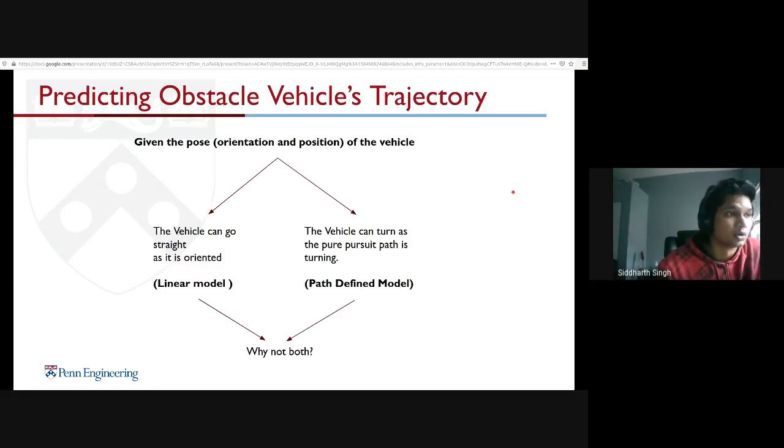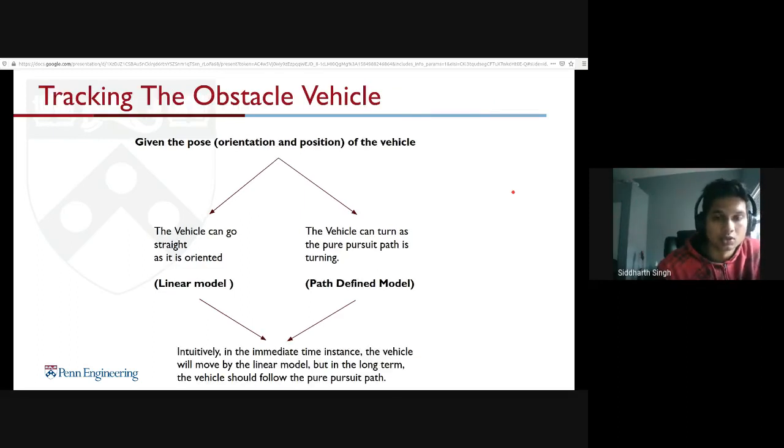So a good way to do this was to understand how a vehicle in all probability would behave. Intuitively, if you think about it, in the current time instance, the vehicle more often than not would move according to the linear model, but in all possibility, it would try and follow the pure pursuit path as time evolves, right?